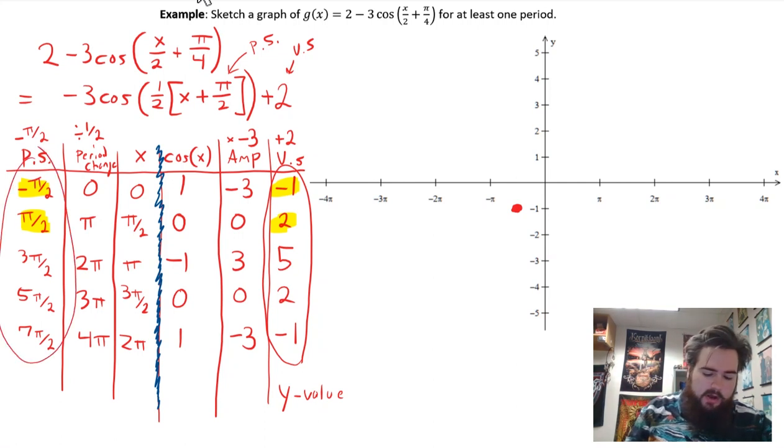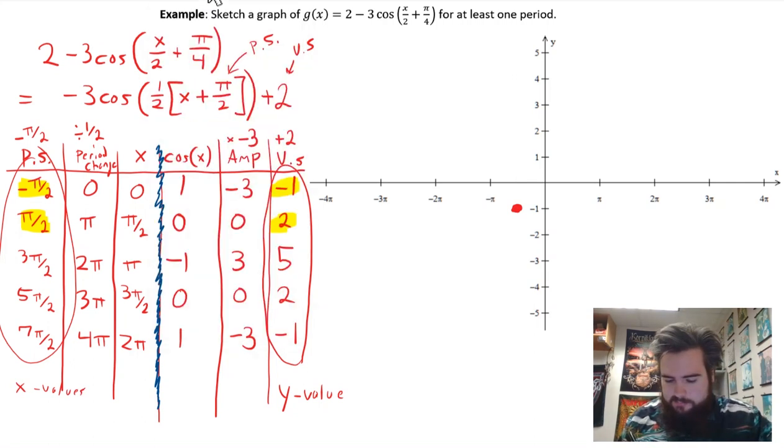Again, this last column here are my x values. So pi halves and 2 here would put me about there. Pi halves being between 0 and pi. 3 pi halves and 5. 3 pi halves is between pi and 2 pi, which puts me about here.